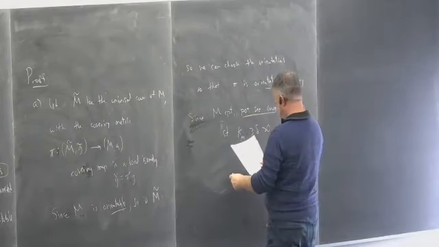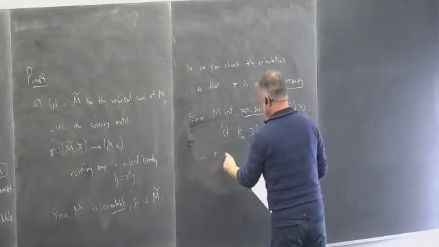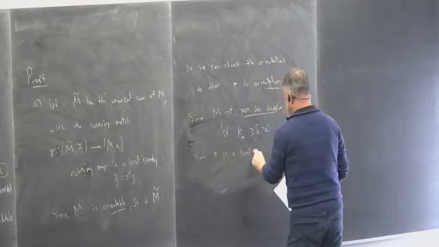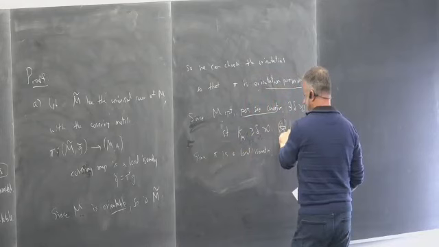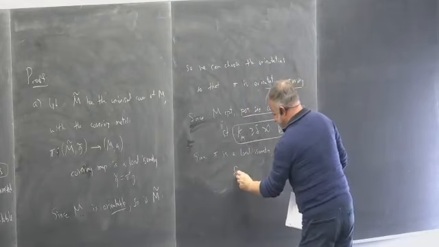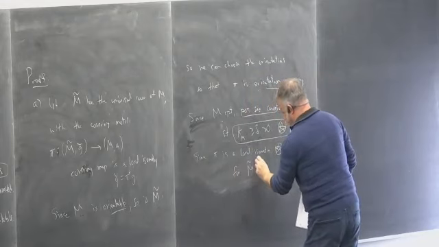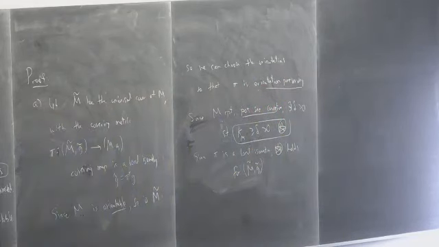And since pi is a local isometry, this estimate here holds for M tilde as well, because local isometries preserve the curvature. Okay, and moreover, the covering metric g tilde is complete.